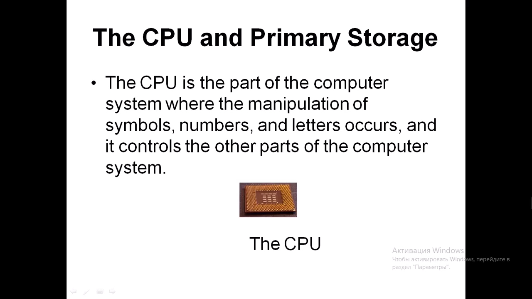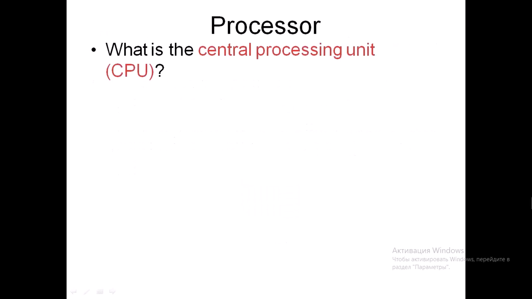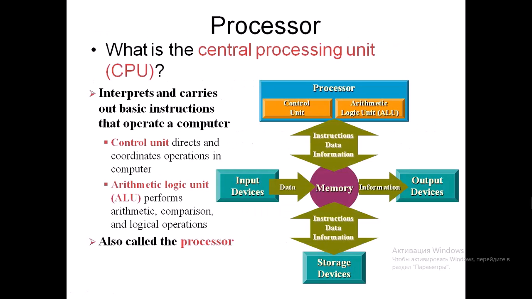The central processing unit is the part of the computer system where the manipulation of symbols, numbers, and letters occurs. It controls the other parts of the computer system. What is a central processing unit? It interprets and carries out basic instructions that operate a computer.